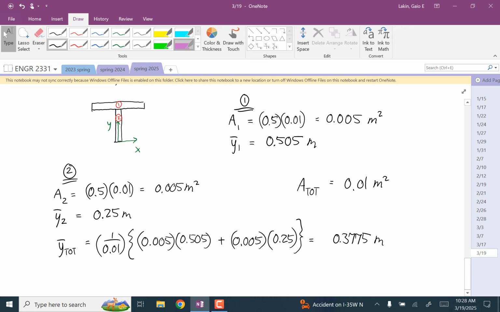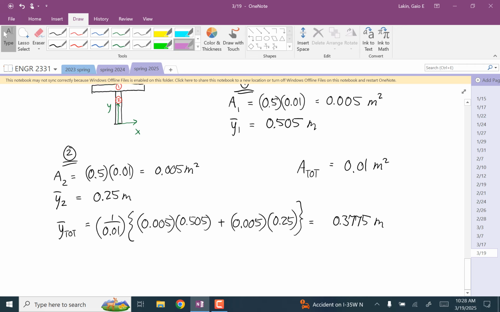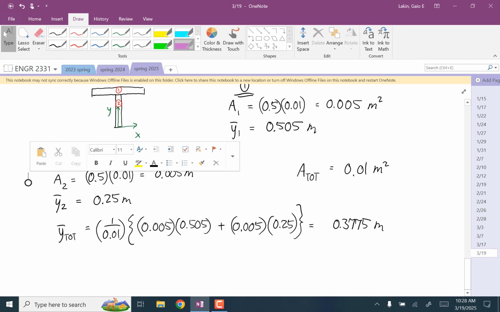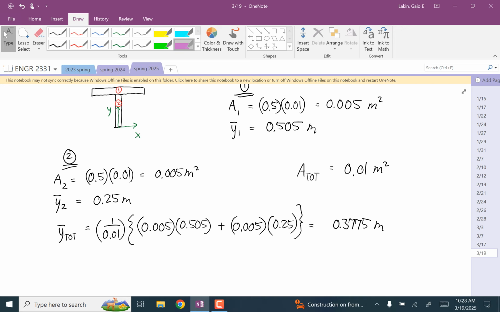And that's from the bottom. Okay, so now we're going to calculate the area moments of inertia of each of these two shapes, but we have to calculate it about this location.